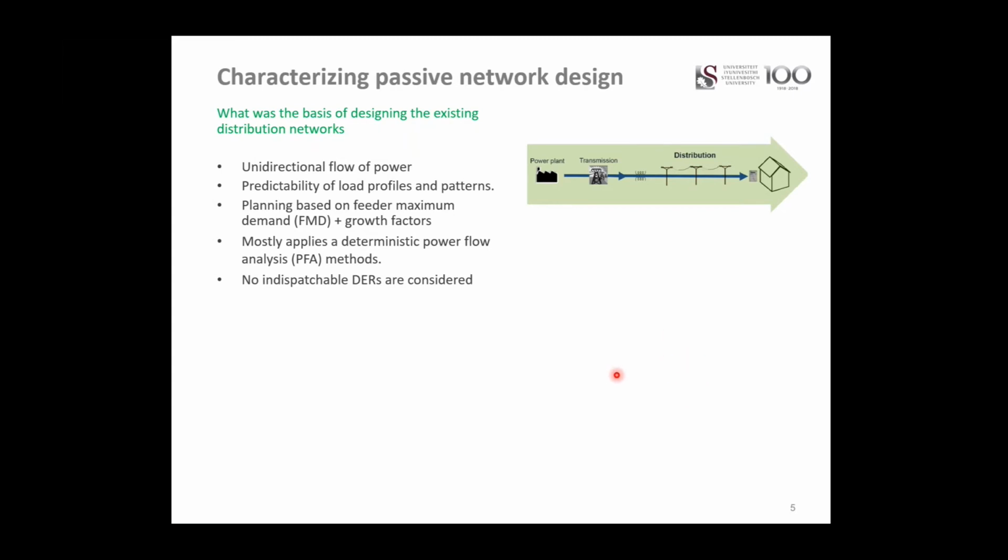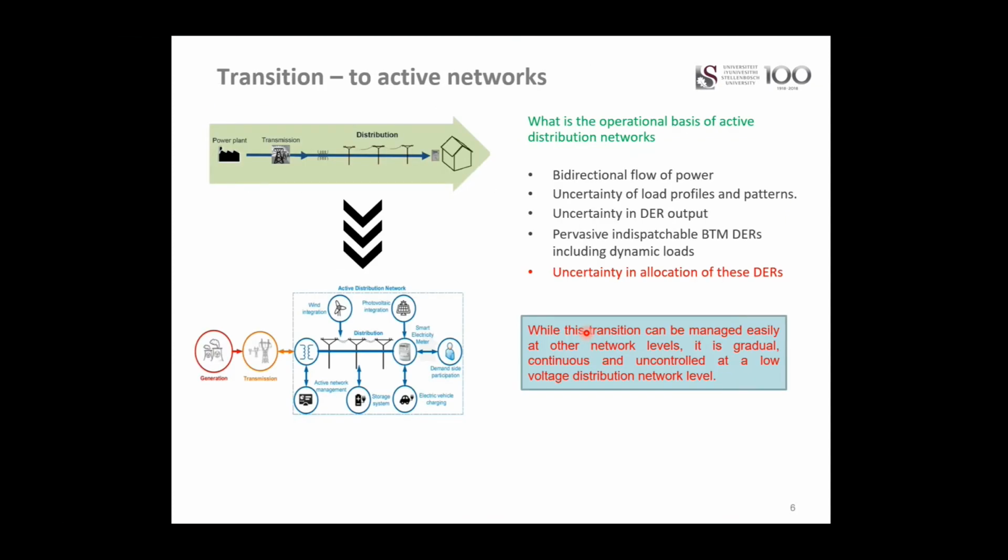And all these values are deterministic. Even the load values that you are going to use are usually deterministic or static. And they apply a deterministic power flow, which is much simpler. Then lastly, there is no consideration for non-dispatchable distributed energy resources in the planning process or even in the sizing of the equipment that are going to be used on these particular distribution networks. There is a transition that is happening.